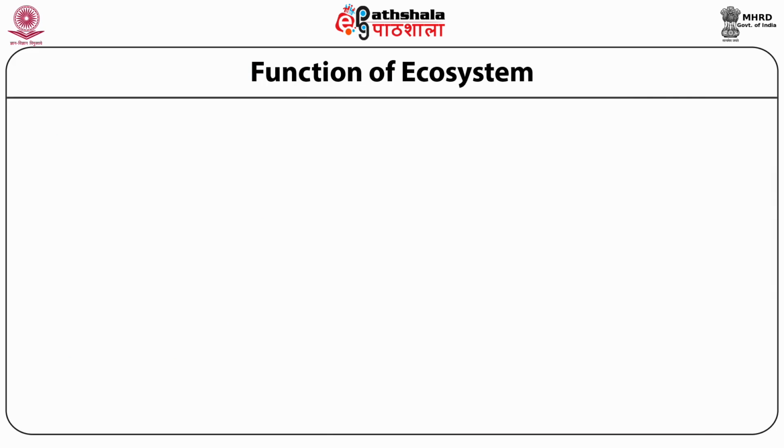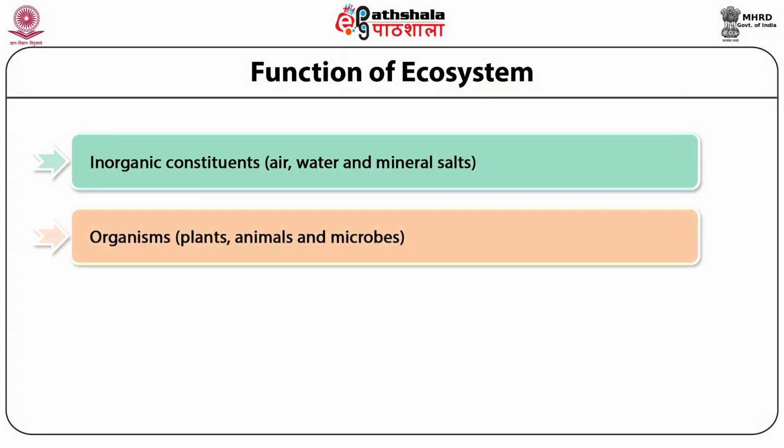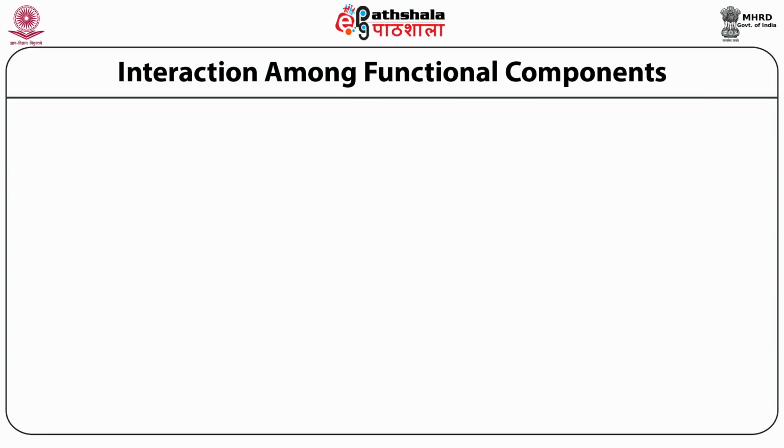Function of the ecosystem. These abiotic and biotic factors have a major function in the ecosystem and maintain its balance. The main components are inorganic constituents like air, water and mineral salts, organisms like plants, animals and microbes, and energy input which enters from outside, that is the sun. Then there is interaction among the functional components: primary producers, secondary producers and decomposers.